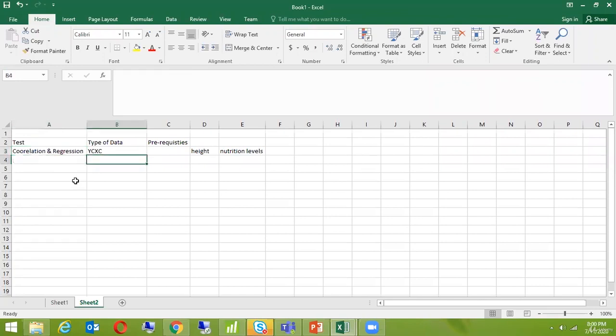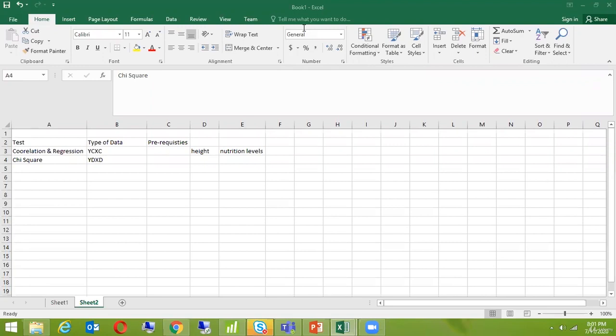When my Y is discrete and my X is also discrete, then I will do a test called chi-square. Can anybody give me an example of Y discrete and X discrete? Any sort of discretes? I would recommend friends to speak up, no matter whether you are right or wrong.